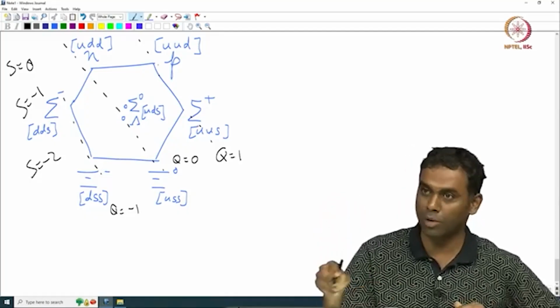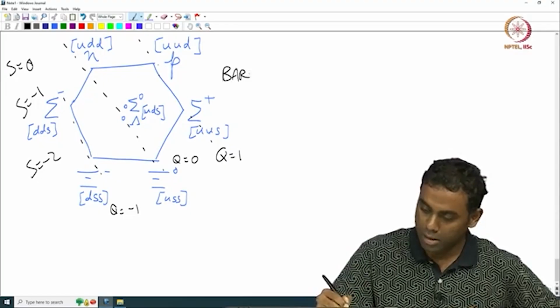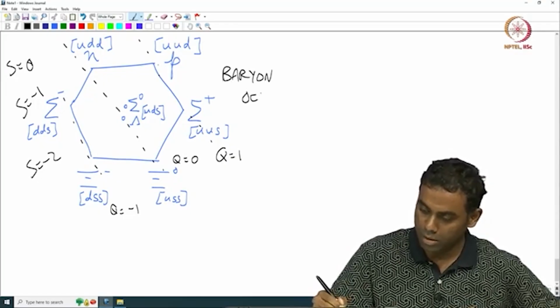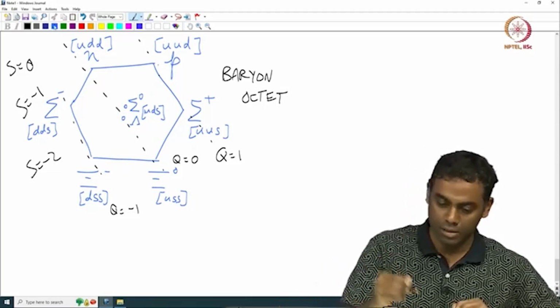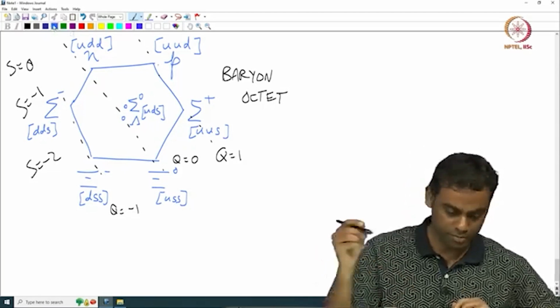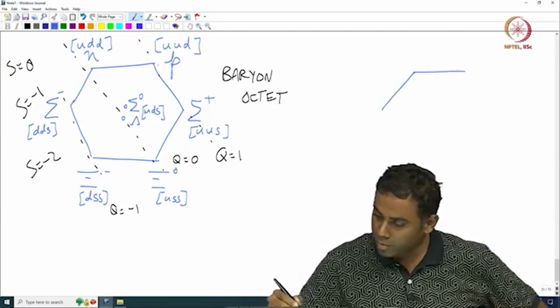Because this particular one contains 8 baryons, it is called the baryon octet. There are other fancy things that you can draw. Let me draw one of the famous ones.